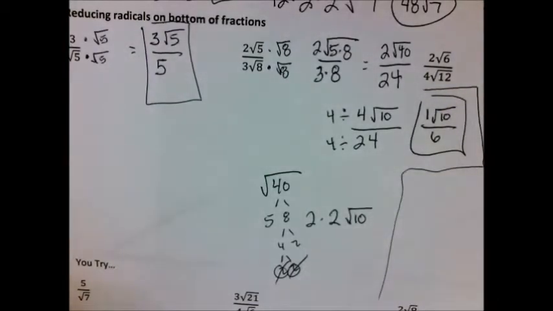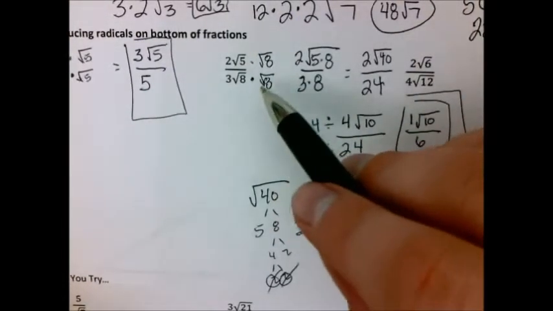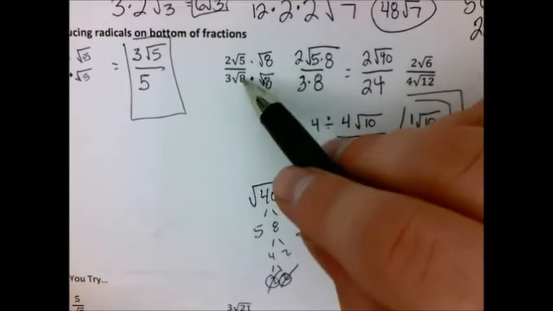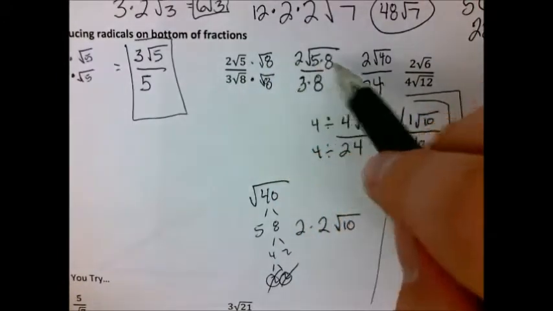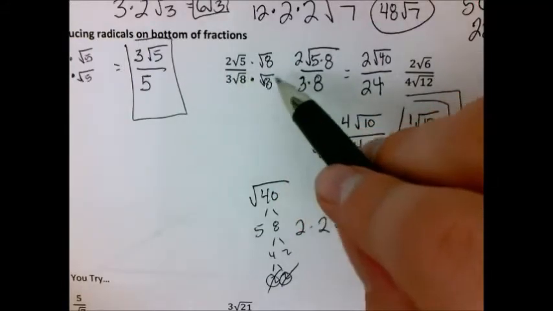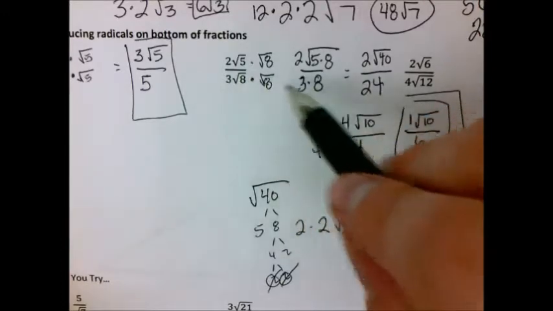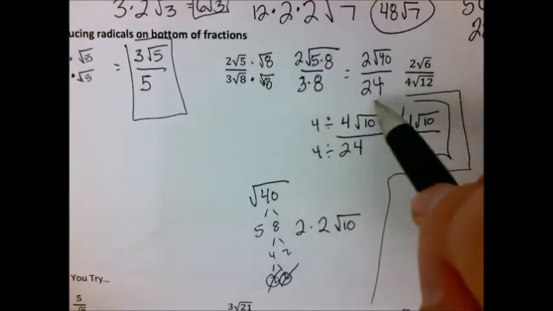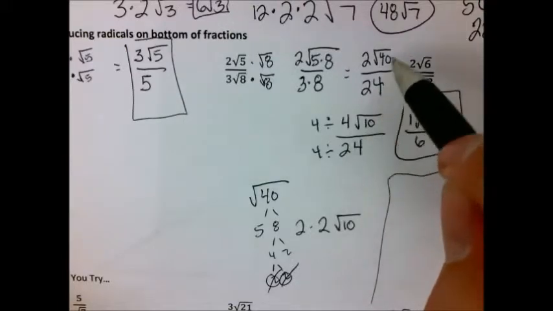So to re-explain what we did, we had to get rid of the radical on the bottom. So we had to multiply the bottom and the top by the radical that was on the bottom. When we did that, 5 times 8 became 40. And since we multiplied two radicals together, the radicals went away and just turned into a normal 8. So 3 times 8 gave us 24. Then we had to break down 40.